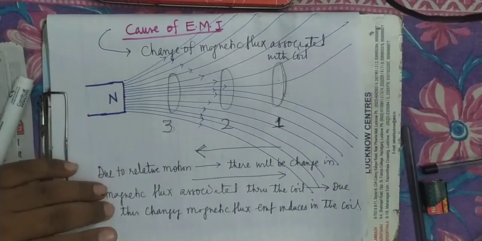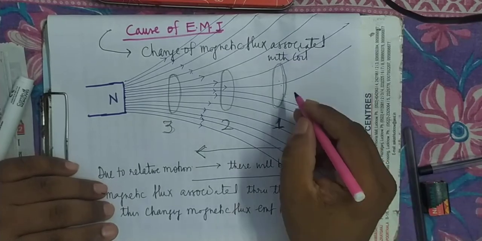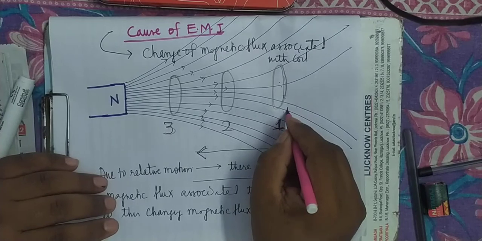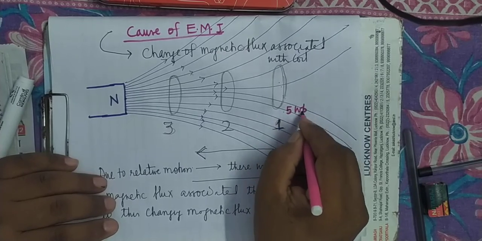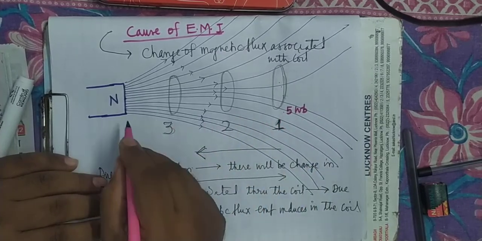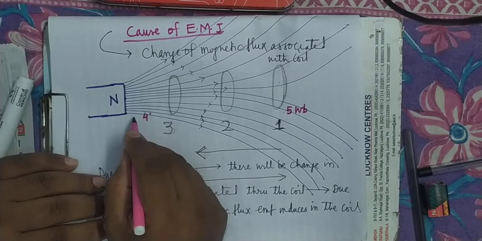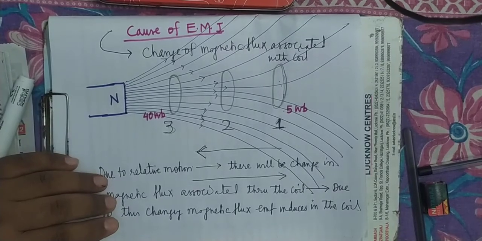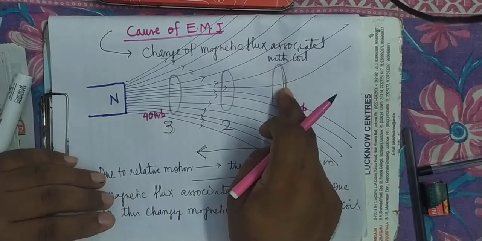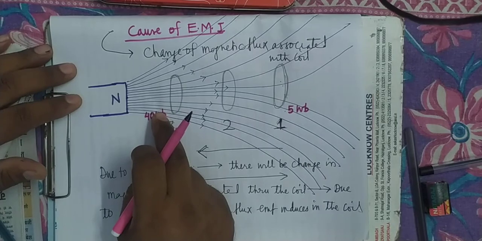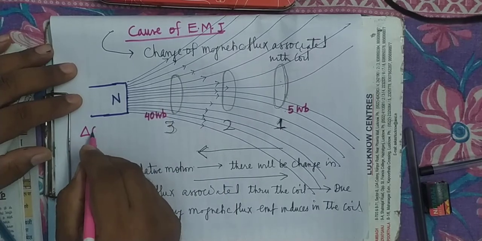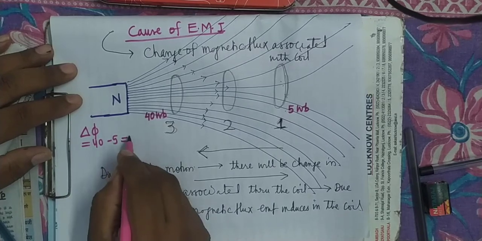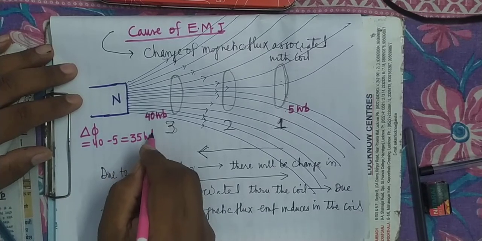Suppose when the coil is at position 1, how much flux is linked with it? Suppose 5 Weber. And when it is brought to position 3, it is 40 Weber. Here 5 Weber flux is linked, here 40 Weber flux is linked. So what will be the change of flux? Change of flux will be 40 minus 5, that is 35 Weber.